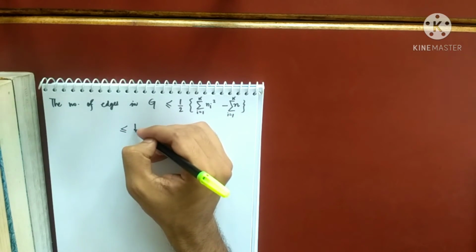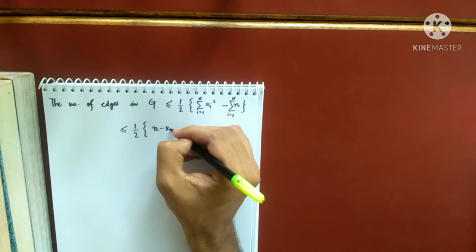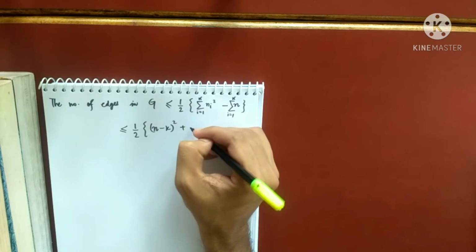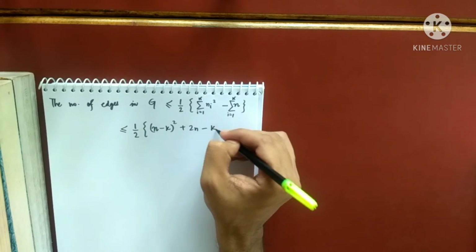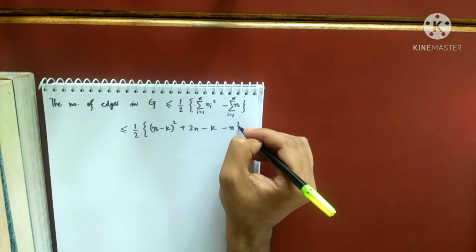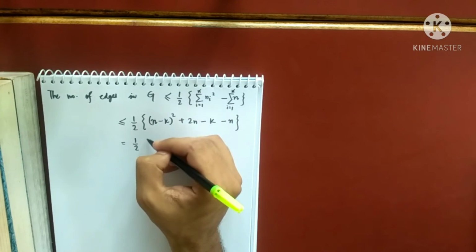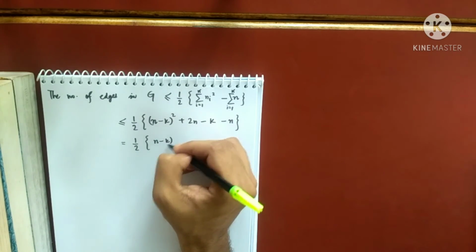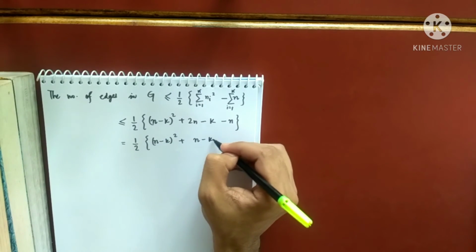So this is less or equal to half. What was this estimate? It was (n minus k) whole square plus 2(n minus k), and this was minus n. So what is this? Half (n minus k) whole square, 2n minus n is n minus k.